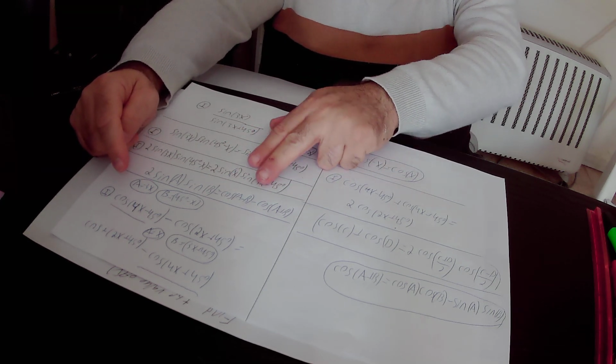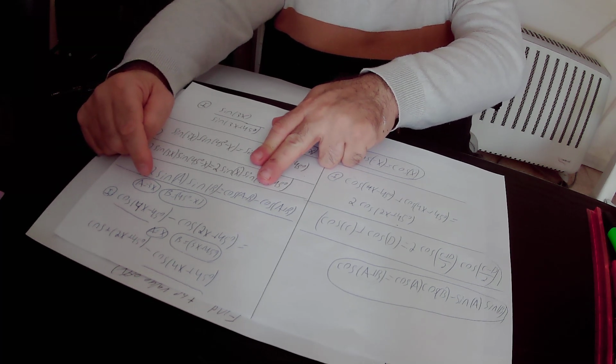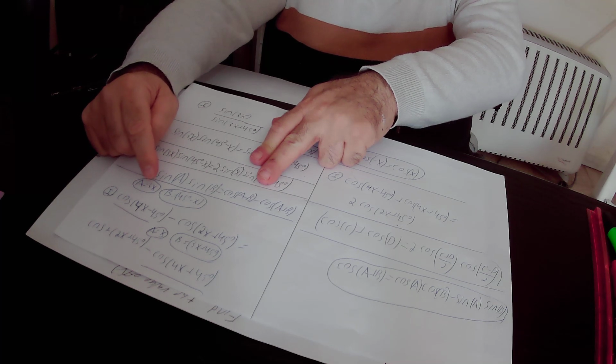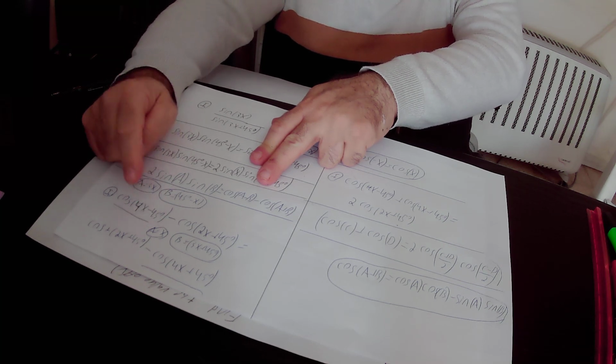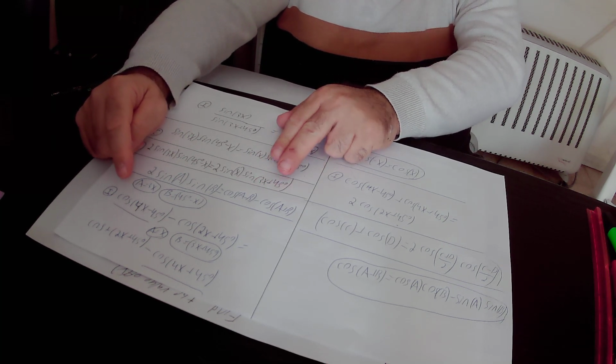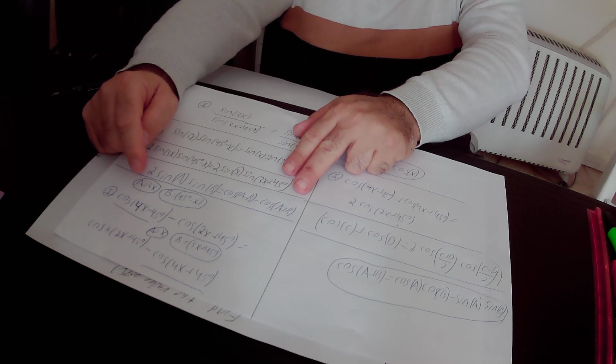So it is actually a minus b: 3x minus x is 2x, and here 0 minus 45 degrees is 45 degrees. And we also have minus cosine a plus b.